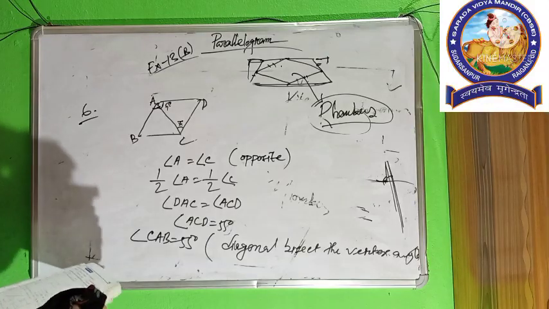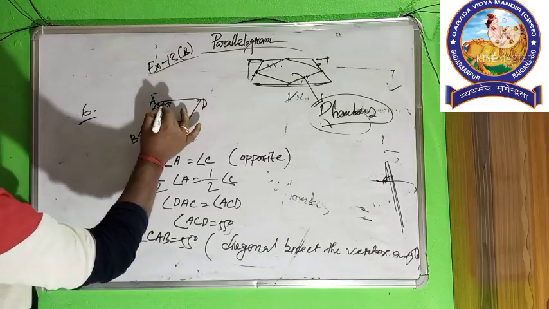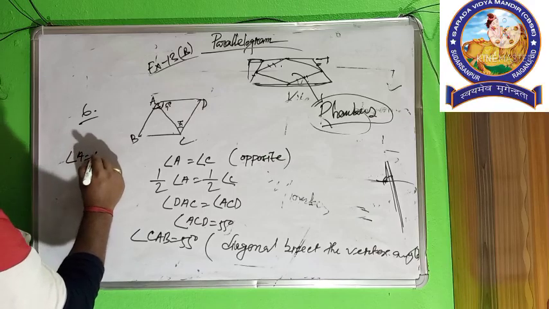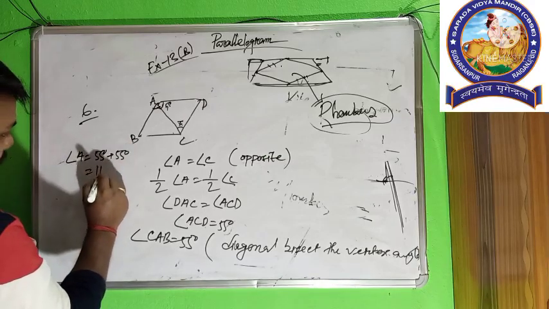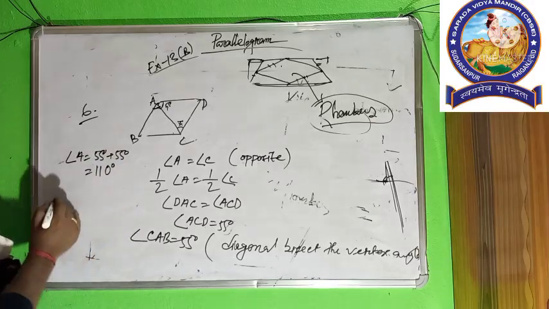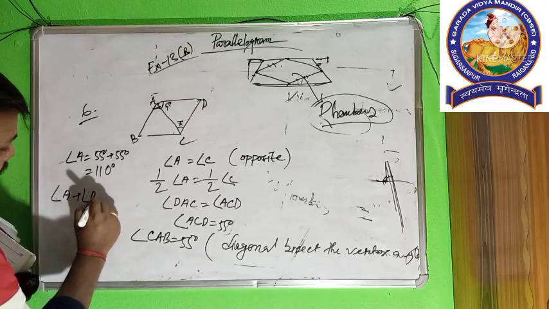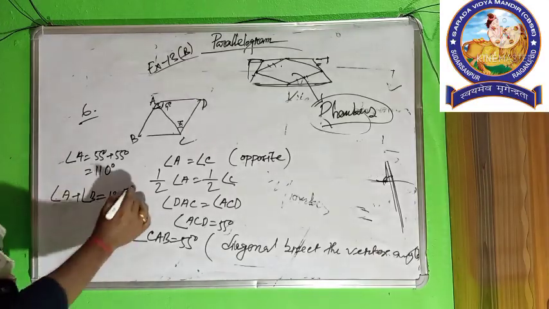ABC. Okay. So angle A equal to 55 plus 55, that means 110 degree. And we know that adjacent angles are supplementary. That means the sum of adjacent angles is 180.